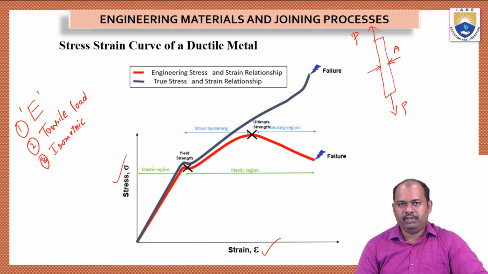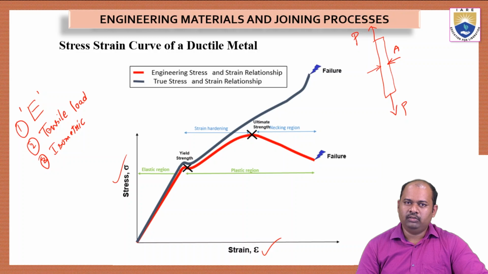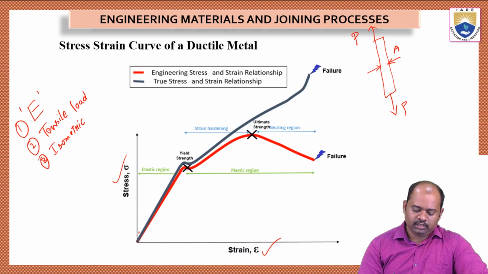So generally what happens when we apply load from 0 to some value? When I am increasing the load gradually on the metal rod, the stress and strain variation will be inclined like this.